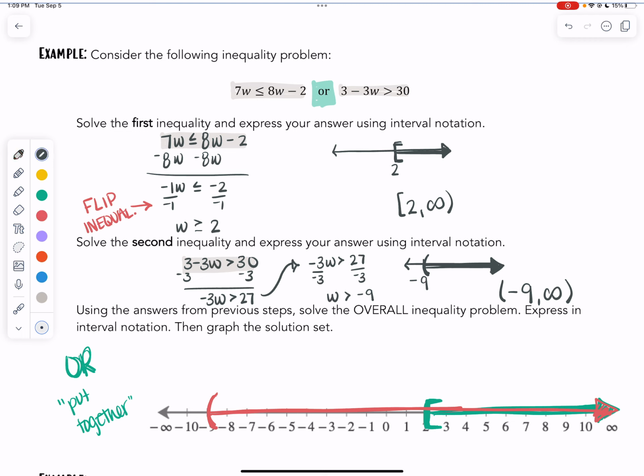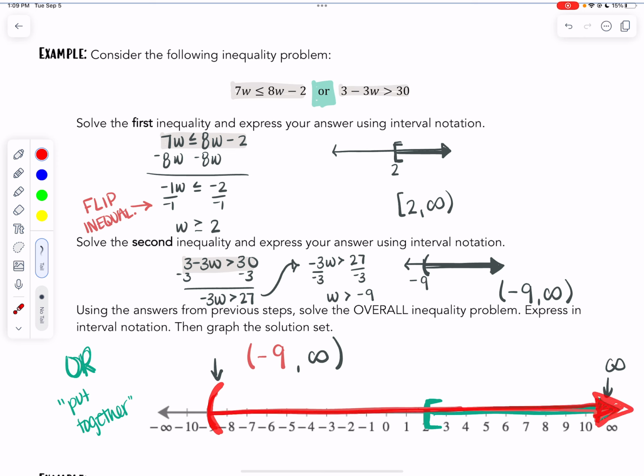And so I'm combining them. So the left furthest point I've got is this negative 9, but then it's going off to infinity. And then the graph that I would graph is just negative 9 with a parenthesis to infinity. I don't need that weird bracket in the middle because the graph comes over it.